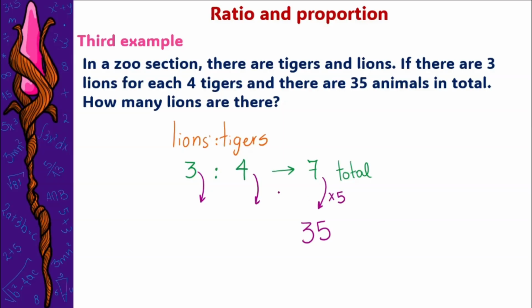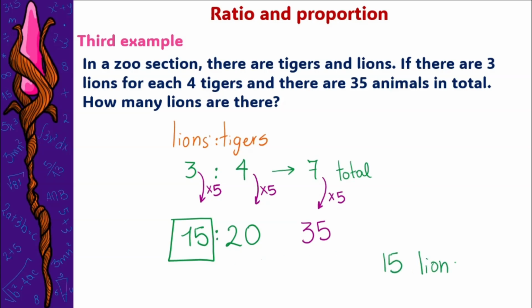So we do the same in all of them. 3 times 5 is 15, and 4 times 5 is 20. So the equivalent ratio would be 15 to 20 to get the 35 animals in total. So we already know that there are 15 lions in total. And that's how we apply ratio and proportion in some problems, guys.